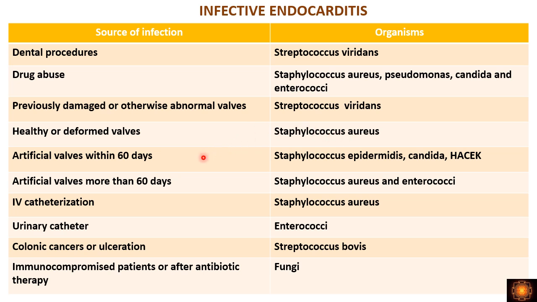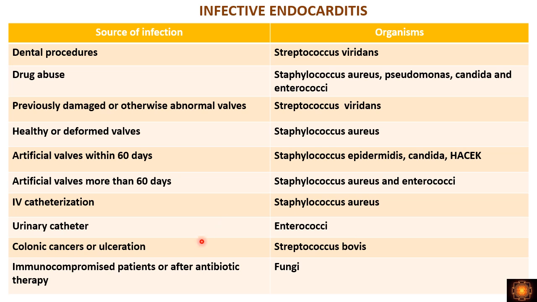If there is a valve replacement, artificial valves, within 60 days, we have Staphylococcus epidermidis, Candida, and the HACEK group. If the artificial valves are kept and more than 60 days have passed, then the infection can be because of Staph aureus and Enterococci. In case of IV catheterization, infection can be because of Staphylococcus aureus. If there is a urinary catheter, then infection can occur because of Enterococci.